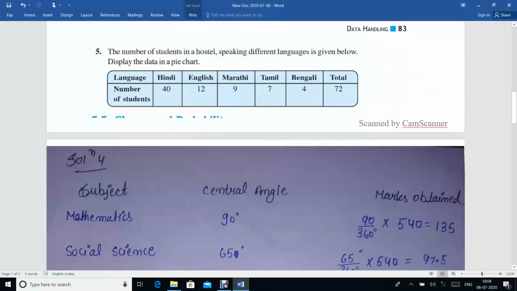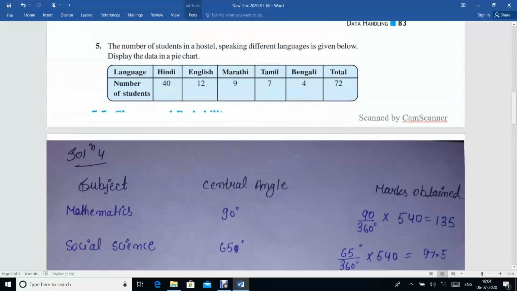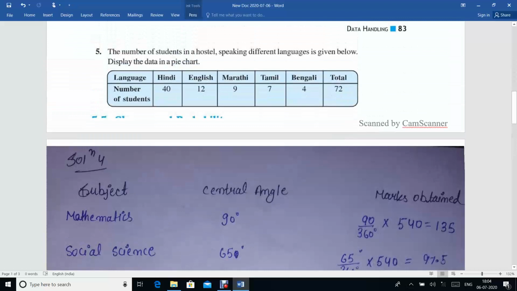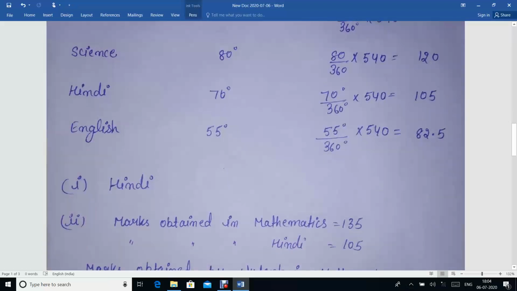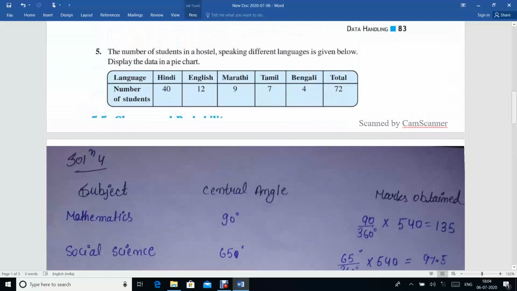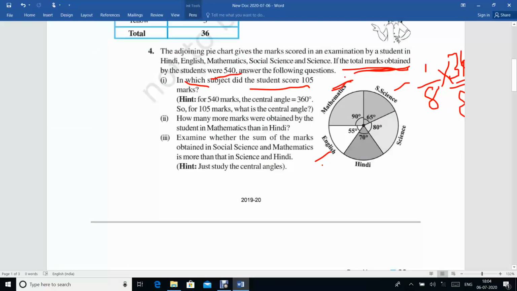Here is the solution for question number 4. In this solution, as you can see, the subjects, central angle and marks obtained are given. For mathematics, the central angle is 90 degrees.